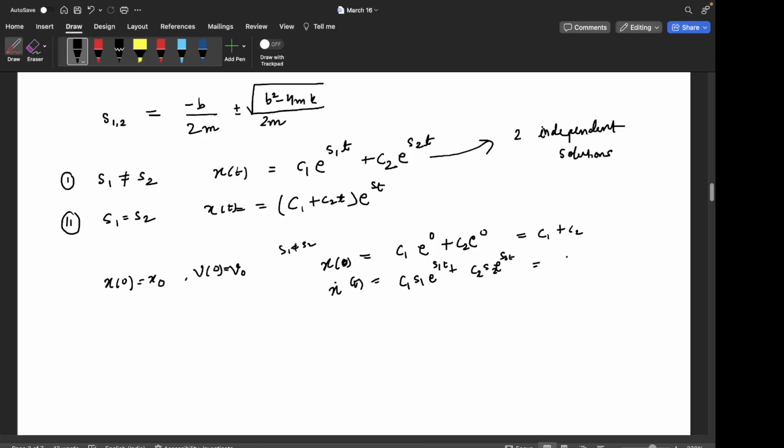When you put t equal to 0, the equation becomes C1 S1 plus C2 S2 equal to v0. So you solve these two equations, two equations and two variables, and get C1 and C2.